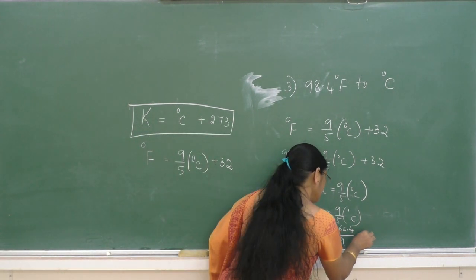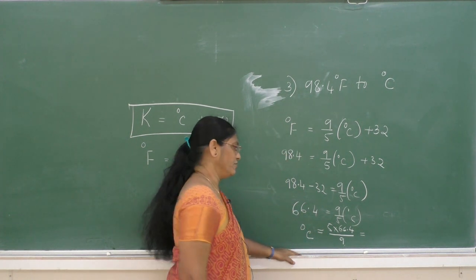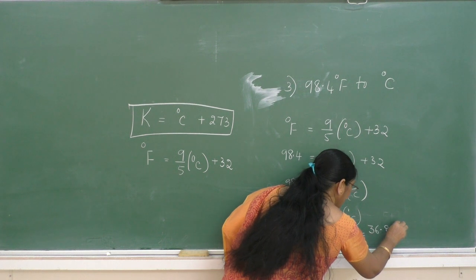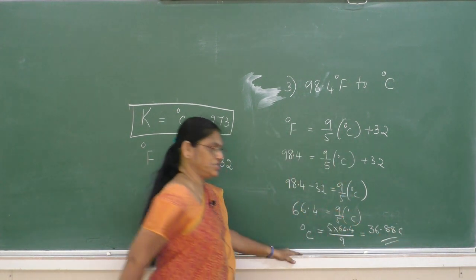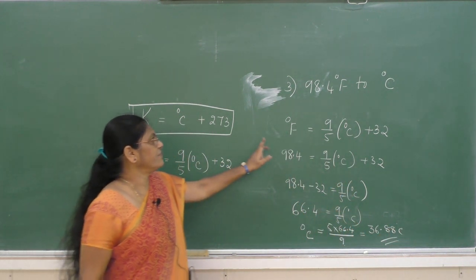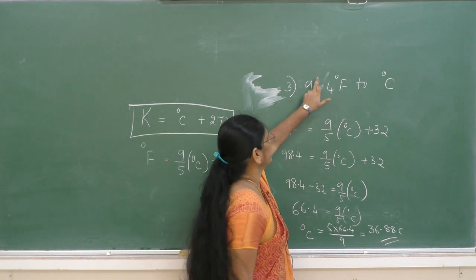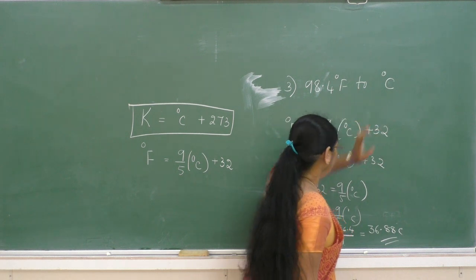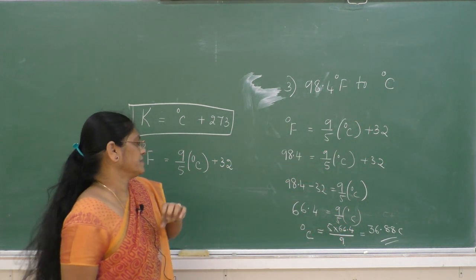After simplifying this, you will get 36.88 degree Celsius. In this way, we can convert 98.4 degree Fahrenheit to degree Celsius.